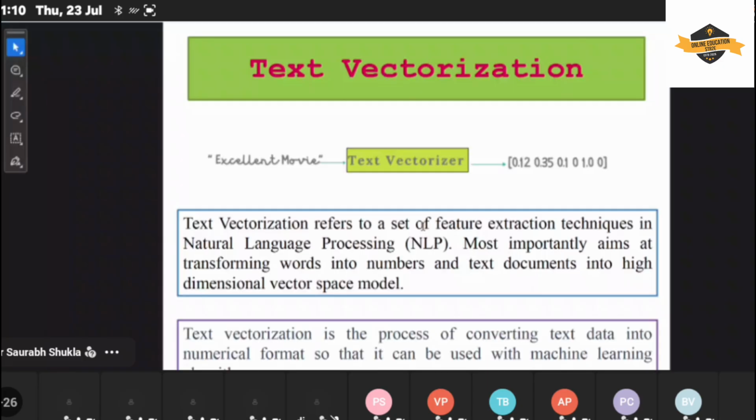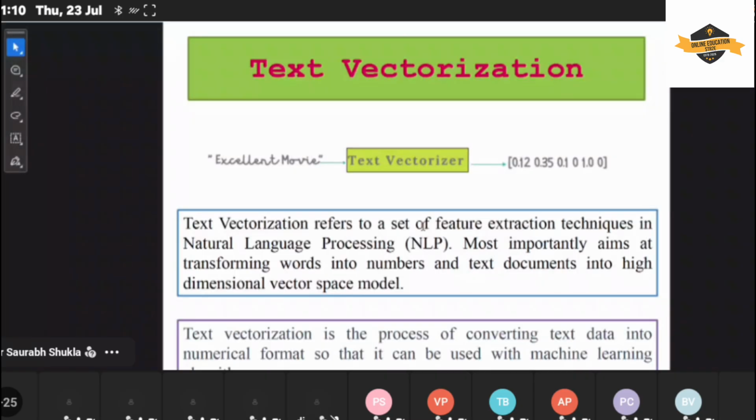So it refers to the feature technique used in natural language processing, transforming words into numbers, and documents into vector space model. What is text factorization? It is actually the process of converting a particular text written in a particular language or data into a numerical format, so that the machine can understand it with the help of algorithms and generate the next contextual information.